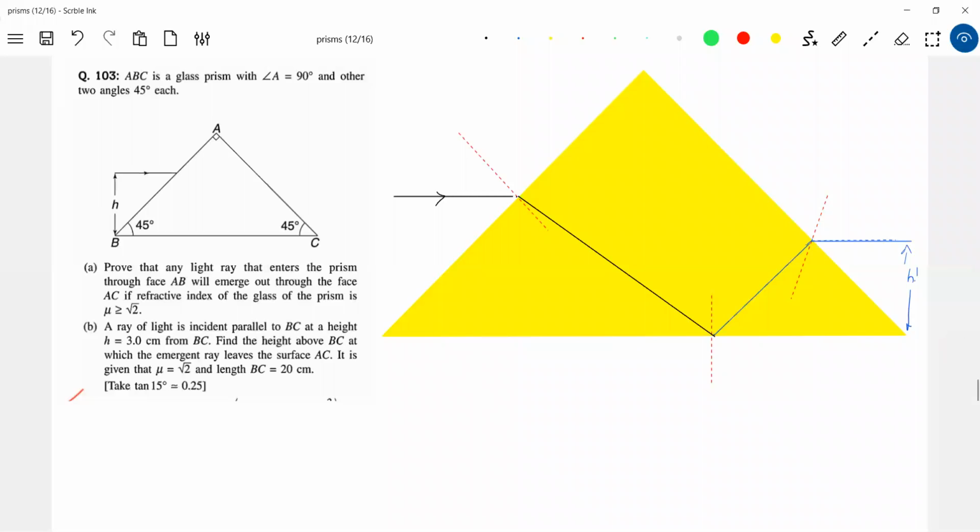I think this is the condition for no emergence. Definitely, what is the value of mu I should take here? The mu is greater than or equal to √2. So when the ray comes here, it will undergo TIR and enter here. Condition for no emergence: the ray will emerge out through the face AC if mu of the rectangular glass prism is greater than √2.